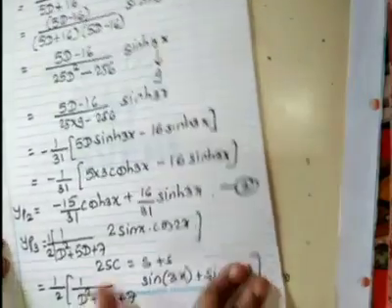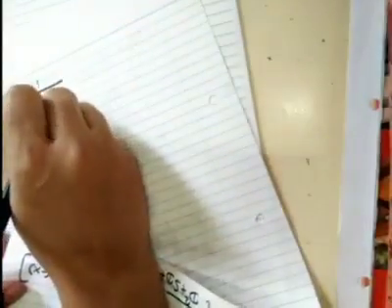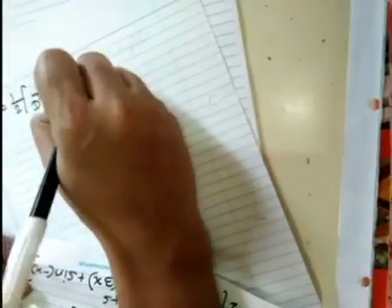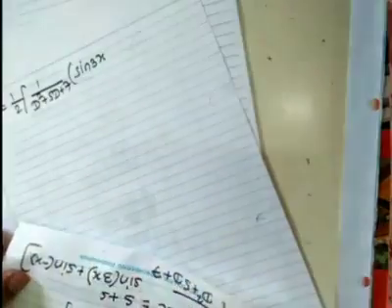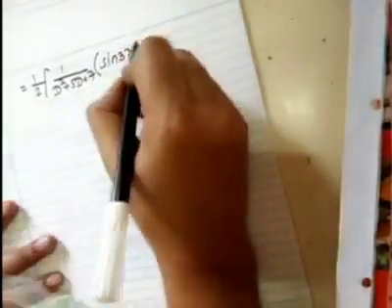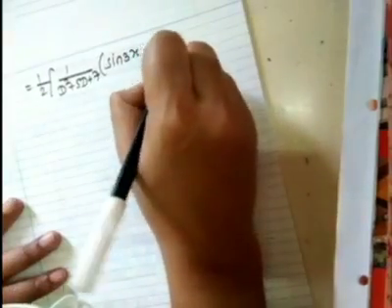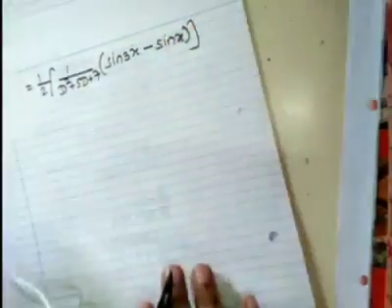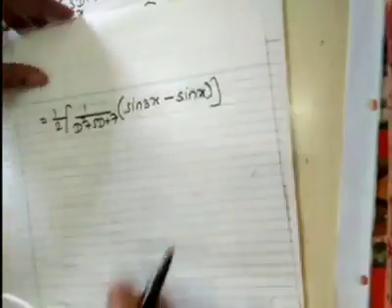Okay, that is 1/2 into 1 upon D square plus 5D plus 7 into sin 3x plus sin of minus x. And sin of minus theta is what? Minus sin theta, so it is minus sin x. Then just separate it.